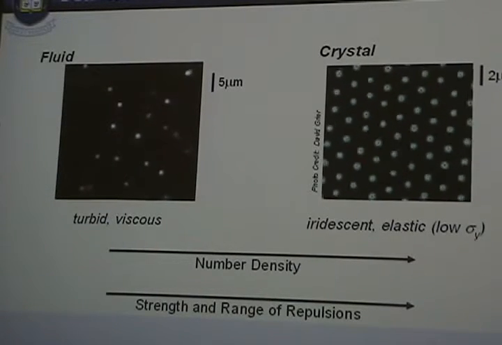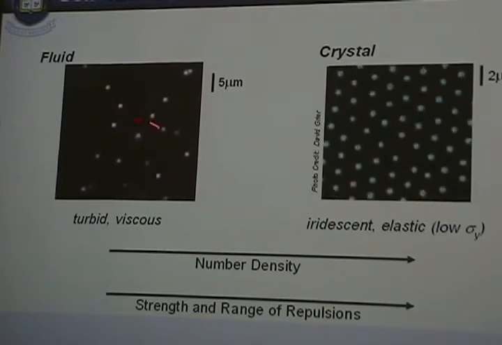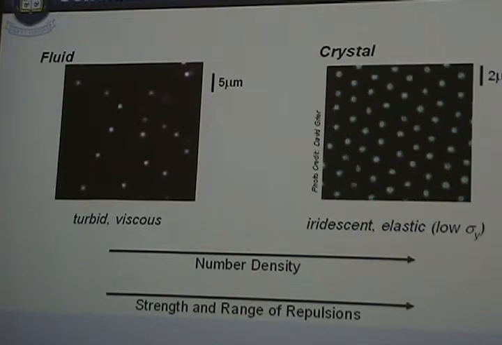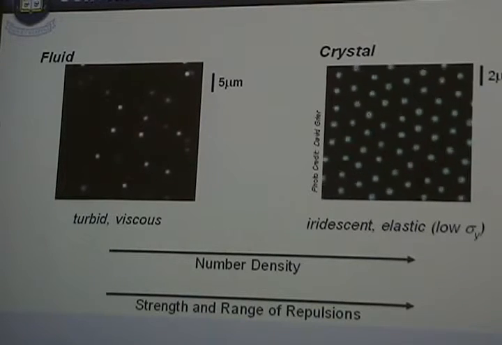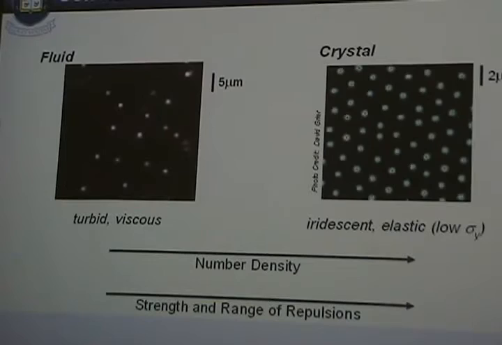And here are some very simple examples. If I have a low density of particles that are not really interacting unless they touch each other, then their structure is basically random. There are very weak correlations in the structure and the dynamics of the particles.